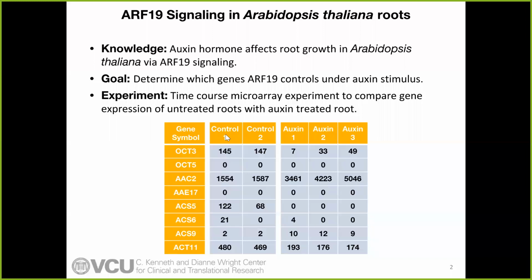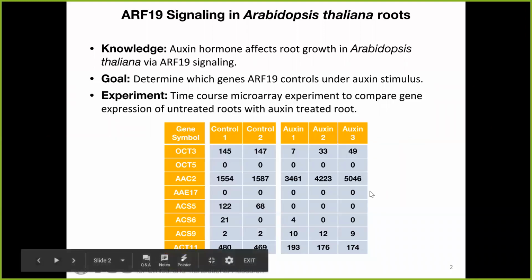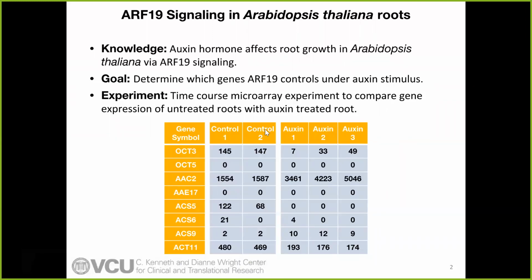So here we have just the read count matrix that you guys saw before. And instead of HPV positive and negative, we now have the control, and then we have the auxin induced.